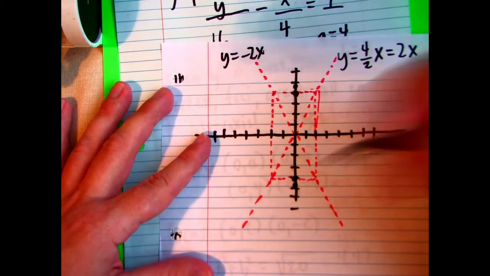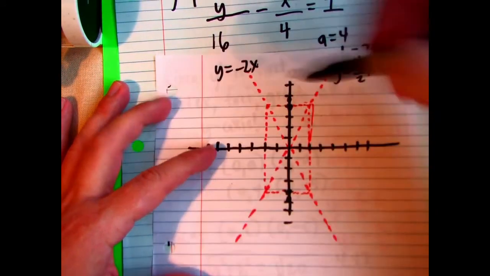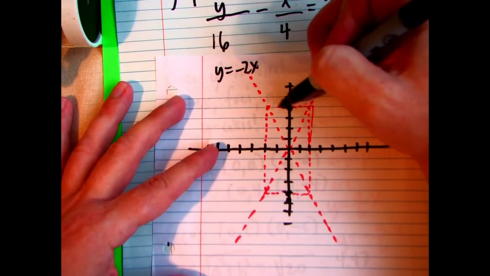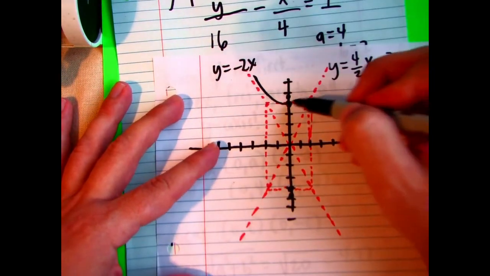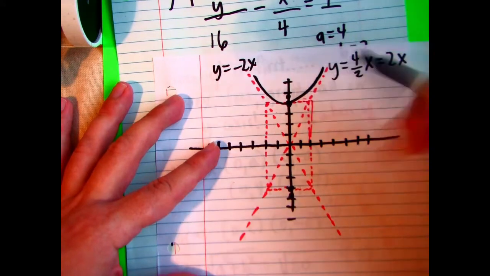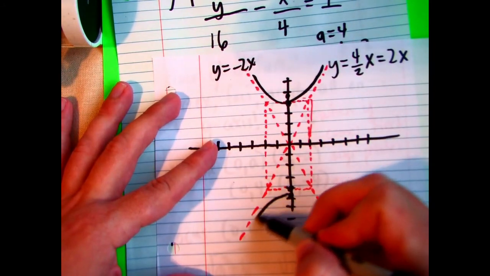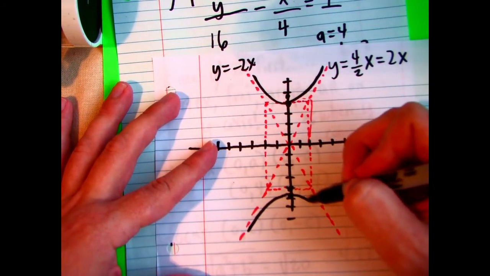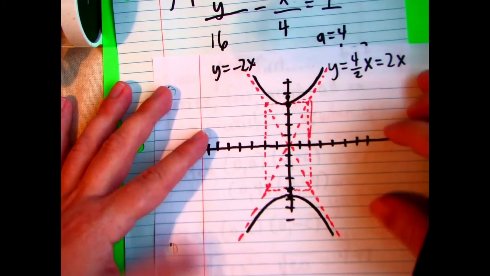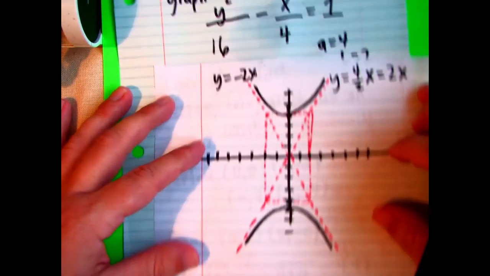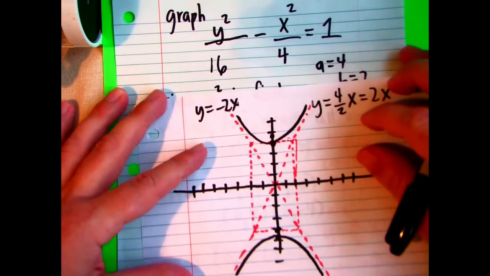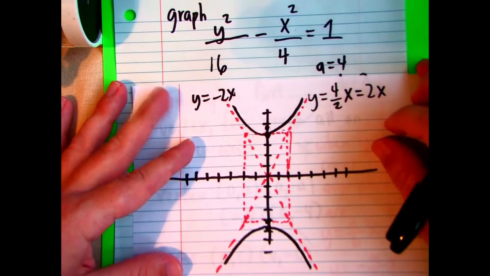So I've drawn in my vertices and my foci on the y-axis. So here's my hyperbola. It opens up and it opens down. It approaches those asymptotes but doesn't cross. Alright, so there's my final graph.